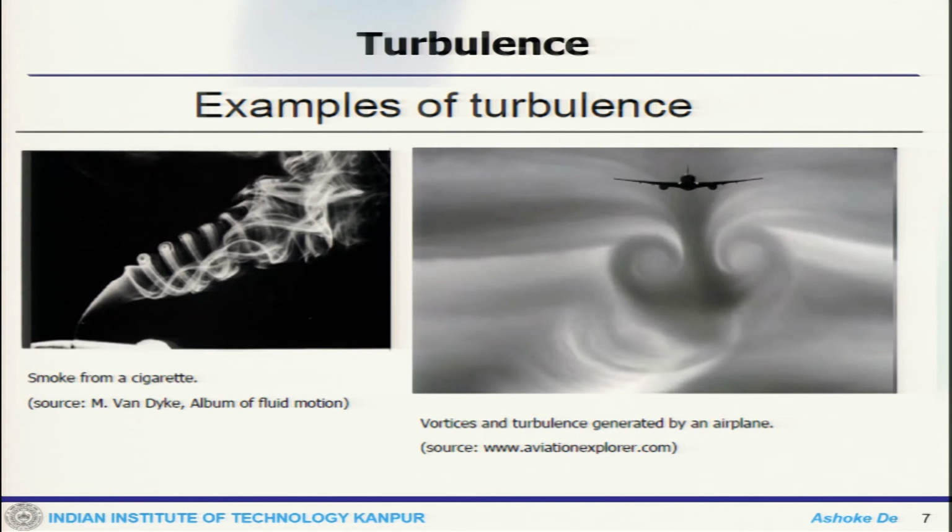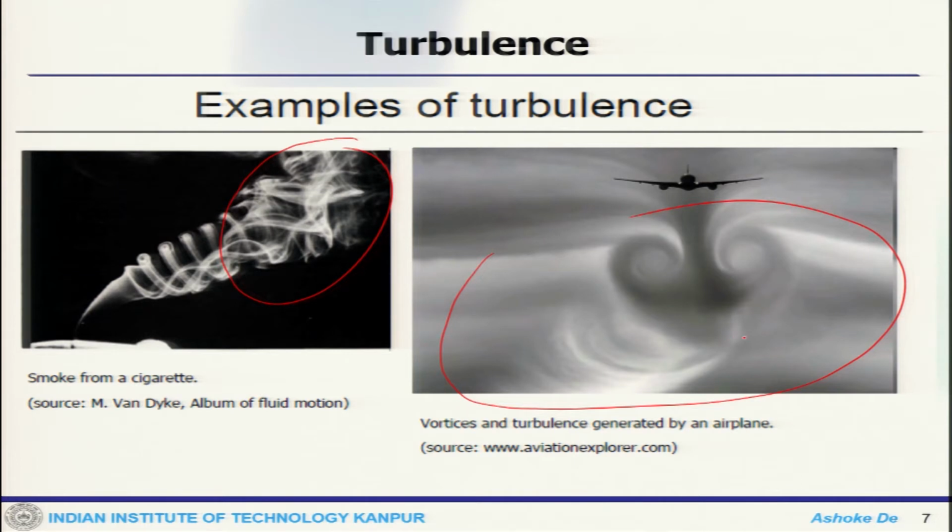Some more, which you see, the smoke coming out of a cigarette, is also a nice example of these characteristics. Another realistic example: when there is an aircraft flying, you see a nice structure like this, which is basically vortices generated by the airplane, that is a big structure.